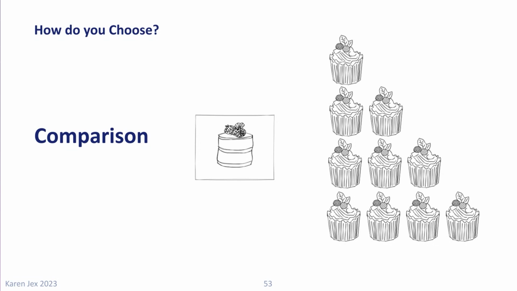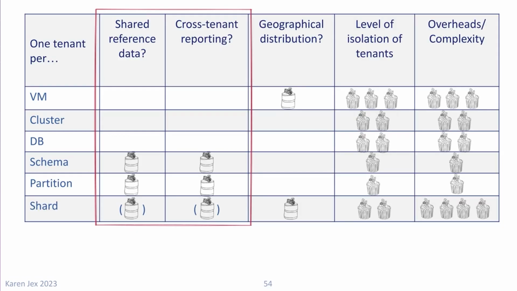So here you can see if shared reference data and cross-tenant reporting are important to you, you'd probably go for an architecture where you separate out your tenants by schema, or you have one partition per tenant. I've put sharding in brackets here because you can share reference data and can do tenant reporting, but with some degree of complexity.